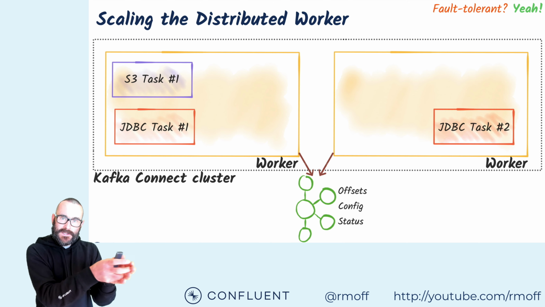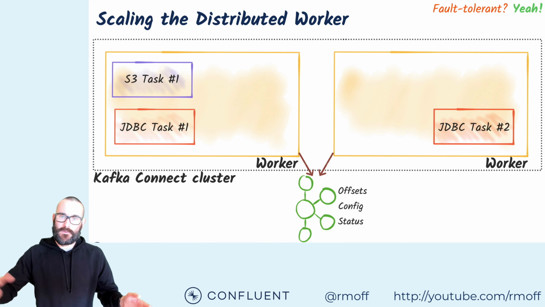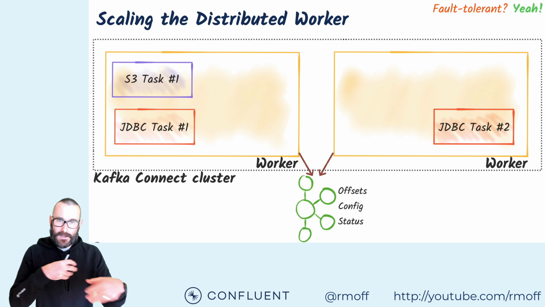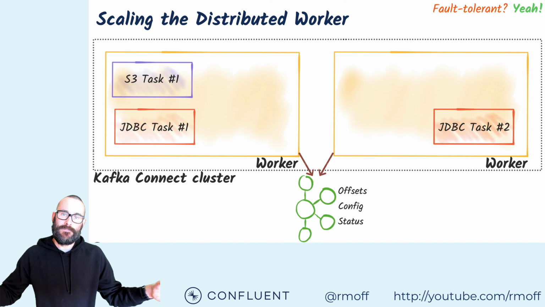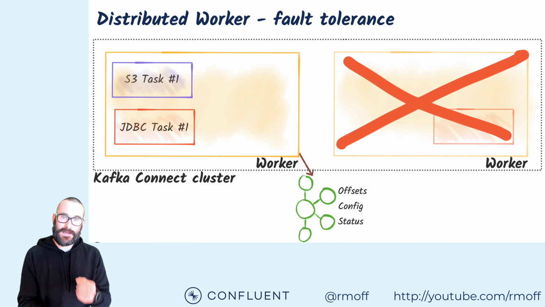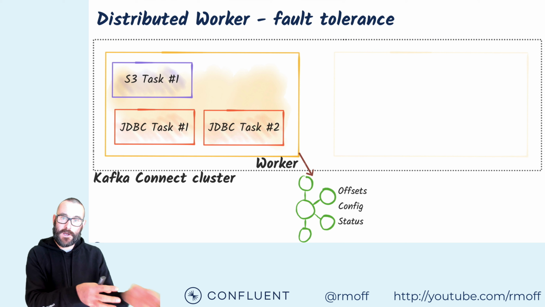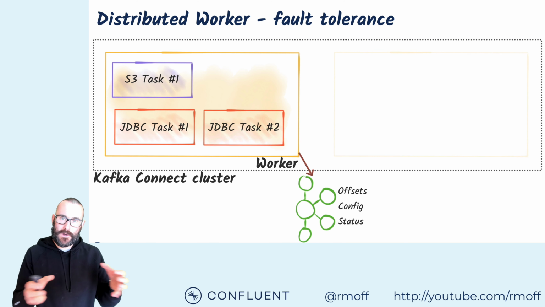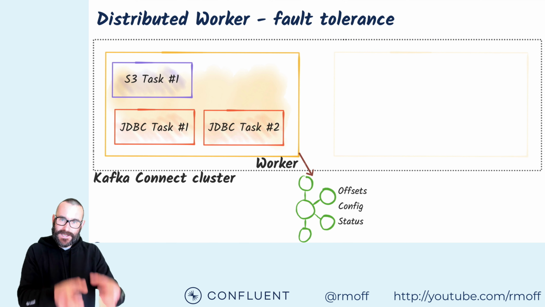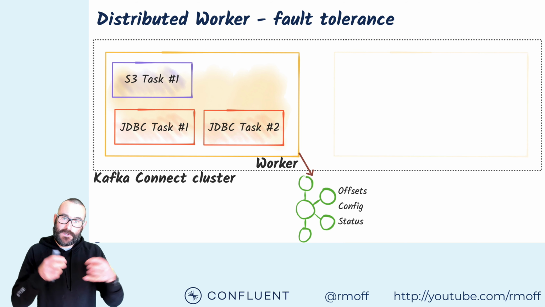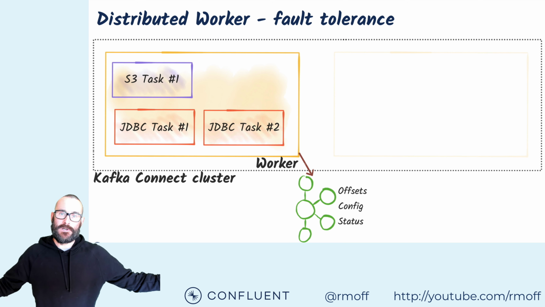So we can now have tasks running across 1 or more different workers. Kafka Connect allocates that work accordingly. If we lose a worker, Kafka Connect will say, okay, we've lost something here, we need to move that work around to make sure that all of that work's being carried out. So we can scale it out as much as we want to, both for redundancy and throughput.